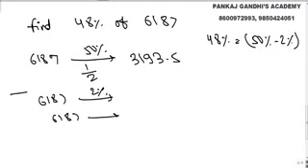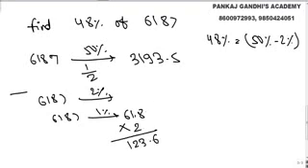We know 6187's 1% is 61.8. 87 is roughly 8 into 2. So we get 123.6. Approximately, let's say we'll call it as 0.5. We'll make it a round figure.